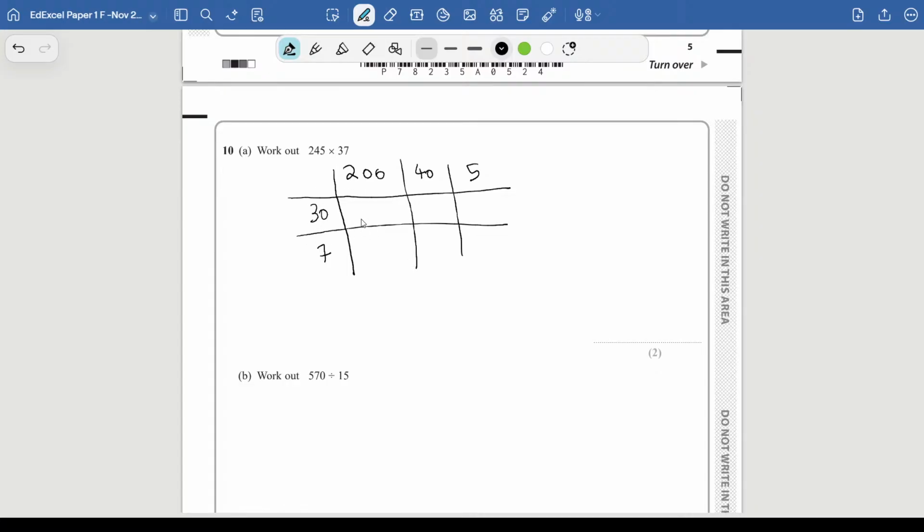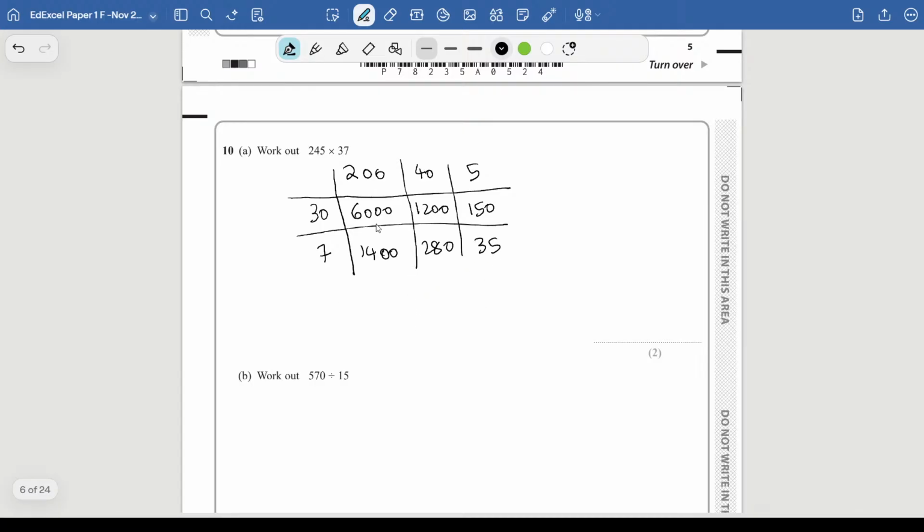So 30 times 200 gives me 6,000. 30 times 40 is 1,200. 30 times 5 is 150. 7 times 200 is 1,400. 280, 35.